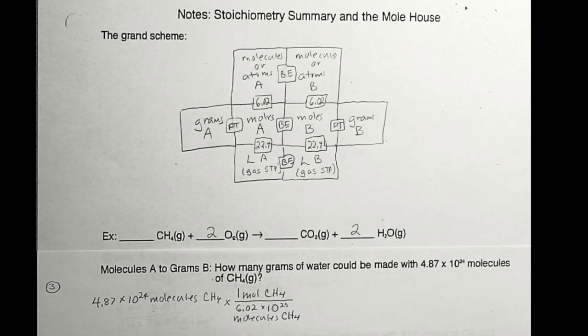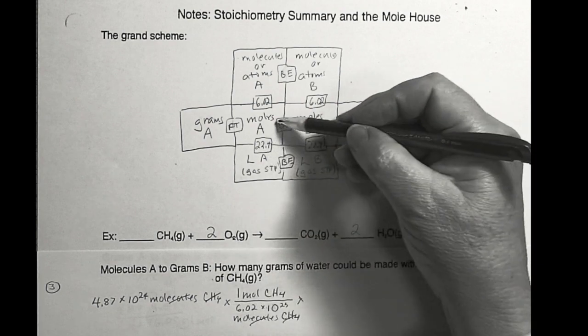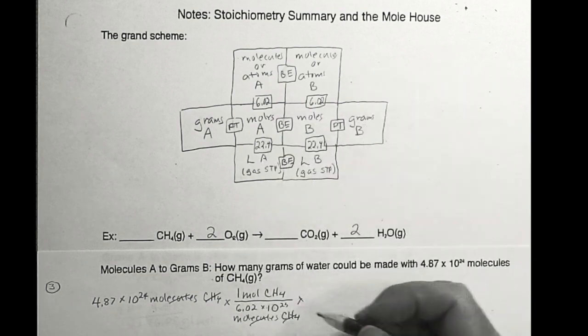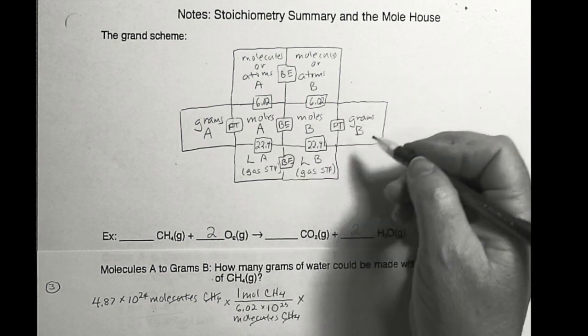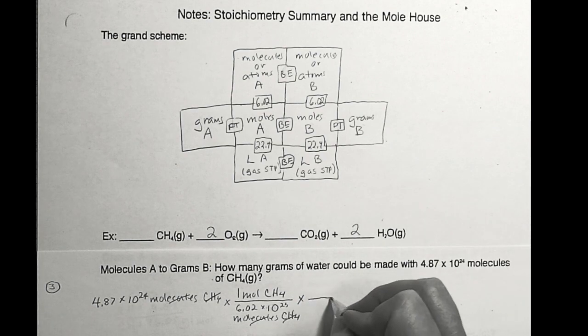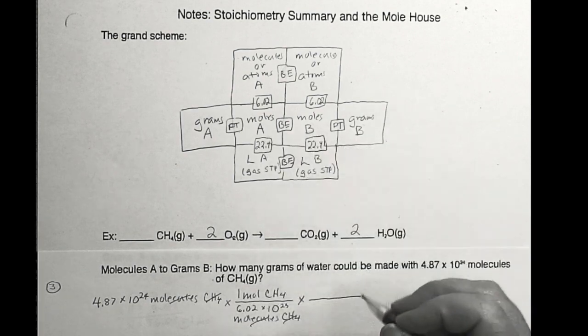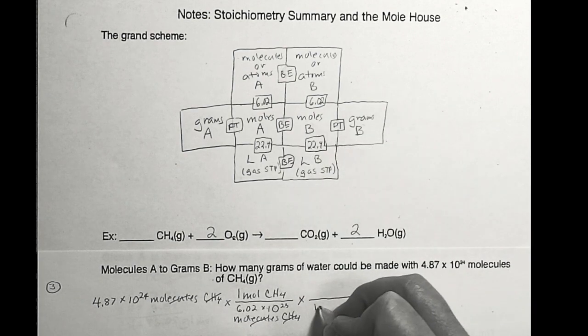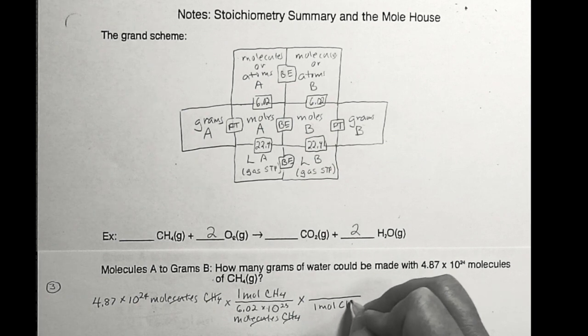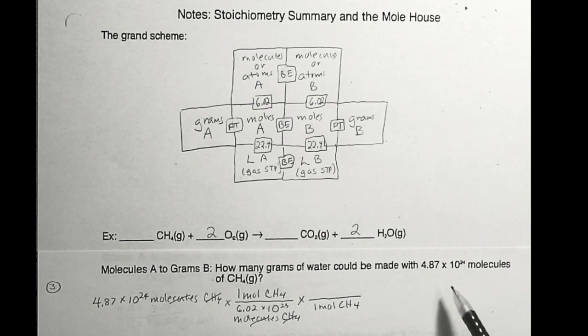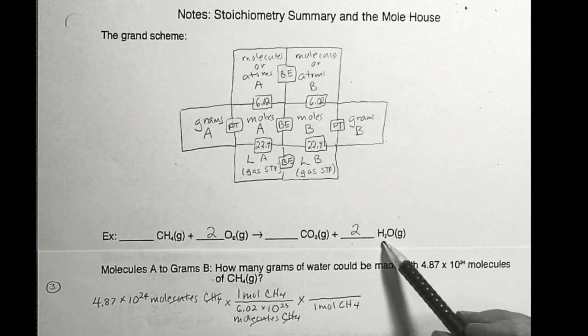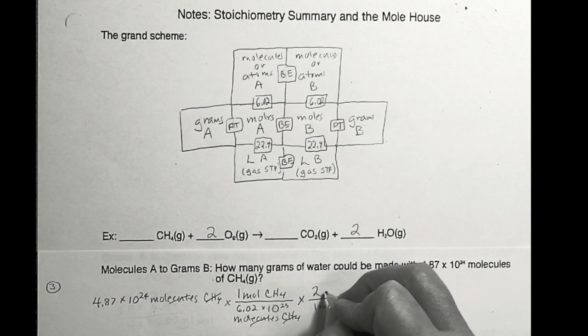And I put this on the bottom so my molecules of CH4 will cancel out. All right, so now I'm in the moles room and I'm looking for grams. Now I could go to liters, but I'm looking for grams, so that's where I'll go. So 1 mole of CH4 from the balanced equation will go on the bottom. I'm looking for water, so that's 2 moles of H2O.